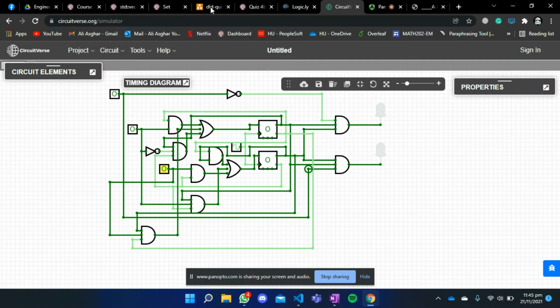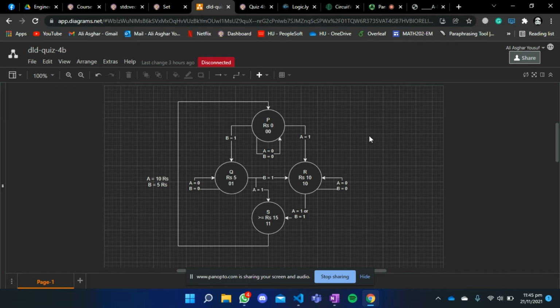Okay, so let's look at the state diagram. So this is the state diagram. We have four states. The initial state is the idle state, or the reset state, when no coin is inserted. If a 5 rupee coin is inserted, that is the B input is 1, then we move on to the Q state, that is 5 rupees.